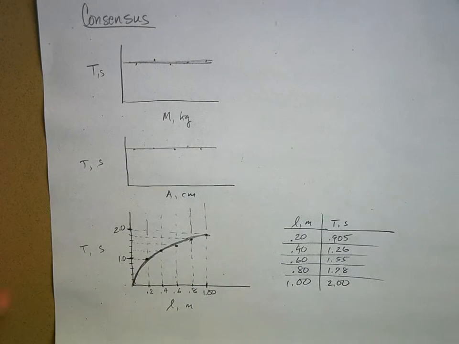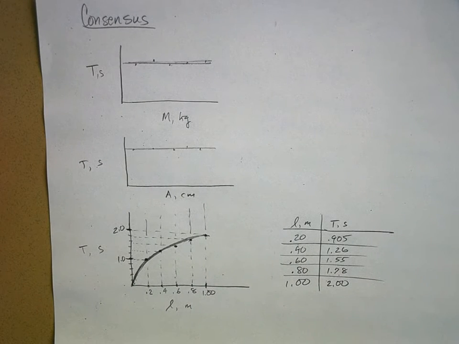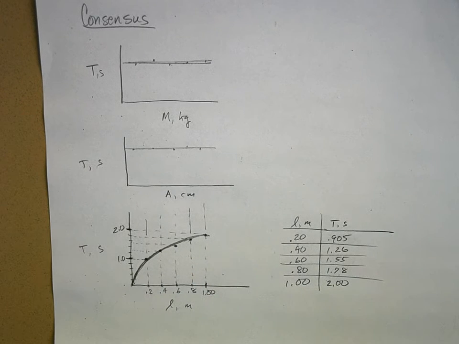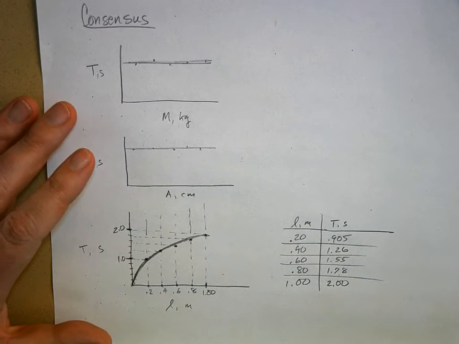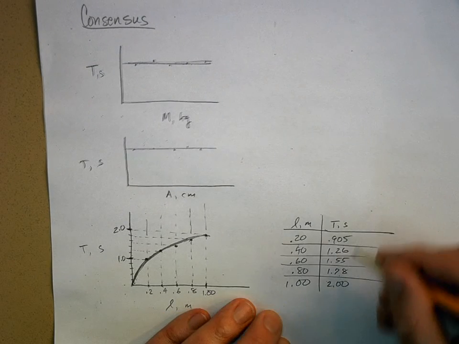Well, watch this. This is really amazing. A graph that's this shape looks like a square root function. Well, it's like a parabola on its side, which is what a square root is. So I'm going to say, hey, maybe the period is a function of the square root of L.